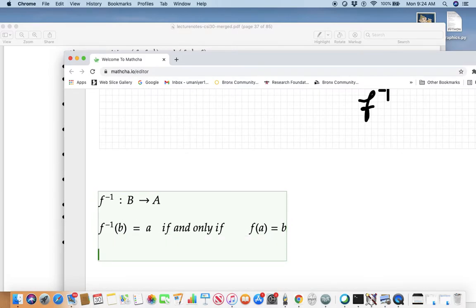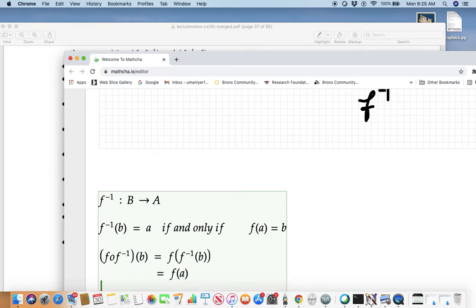Now let's look at f∘f inverse. So f inverse is from B to A. For any b on the right hand side, what are you doing? First, applying f inverse of b. Now f inverse of b is a pre-image a.